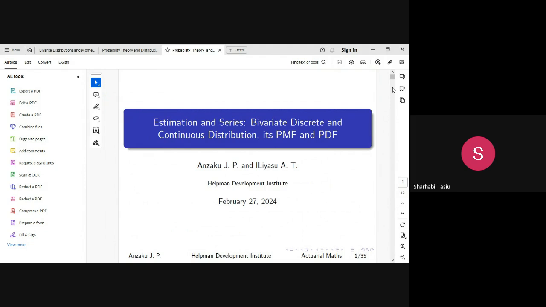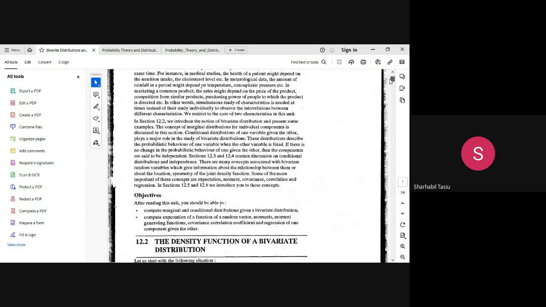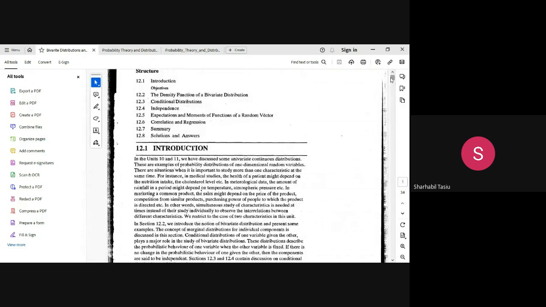Let's say an actuary is interested in observing two random variables, probably because he needs information from the two of them. It is important for the actuary to consider two of these random variables.